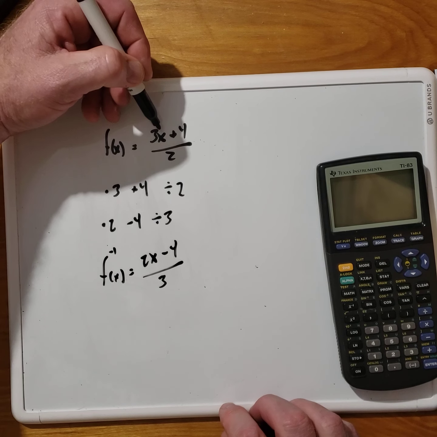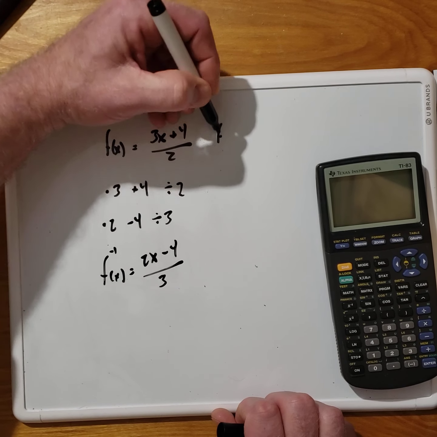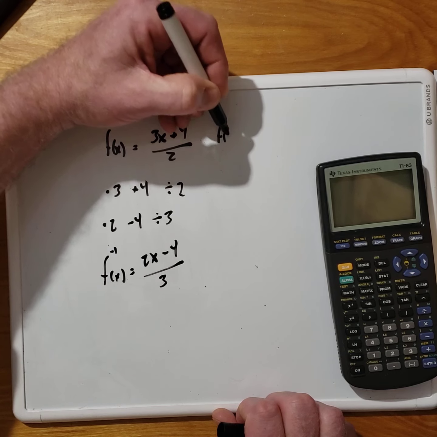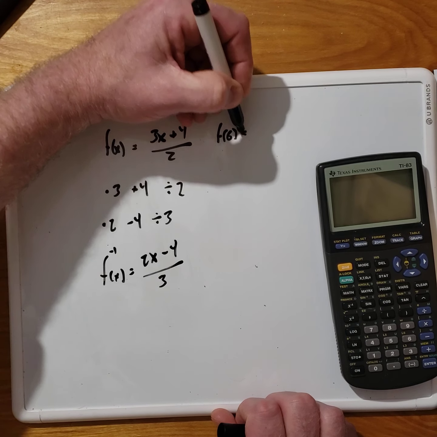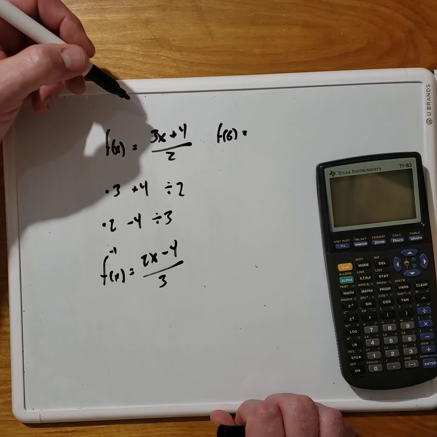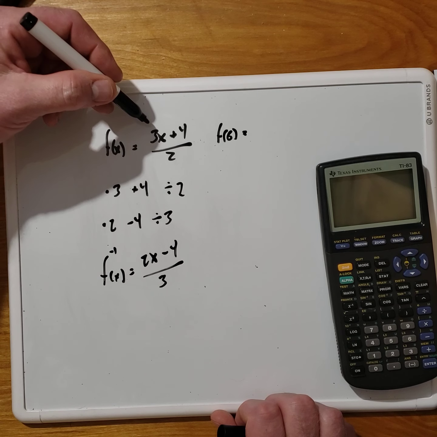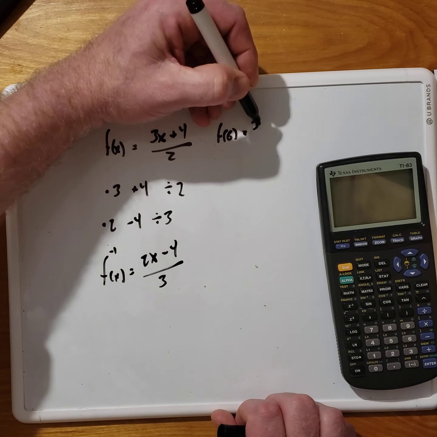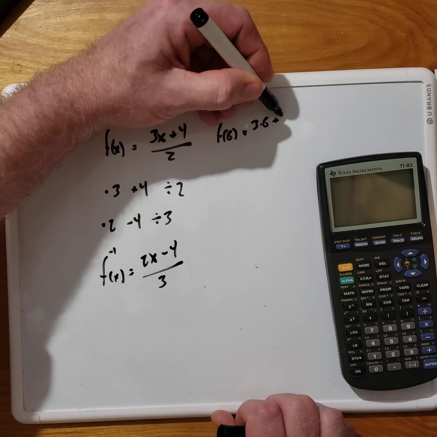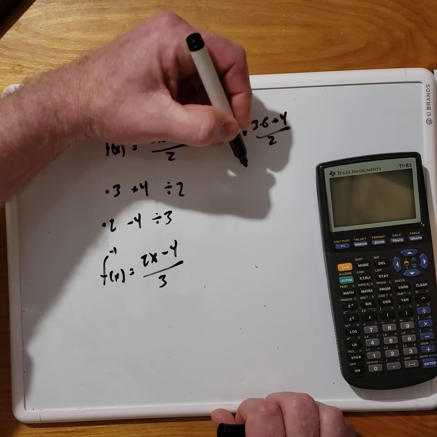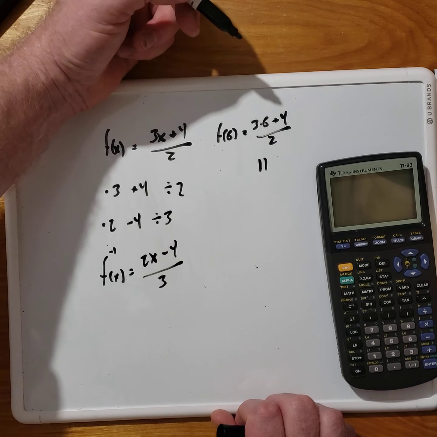And we can check if we want to put a number in here, if we want to do f of 2, let's do f of 6, just so we don't get that 2 and the other 2 confused. If we put a 6 in there, we get 3 times 6 is 18, plus 4 is 22, divided by 2 gives us 11.